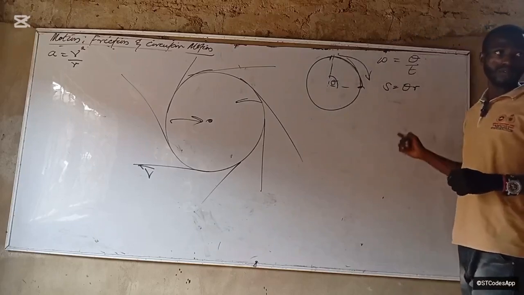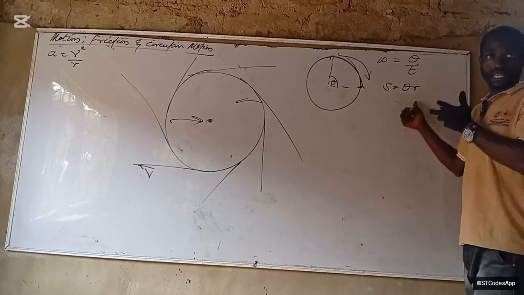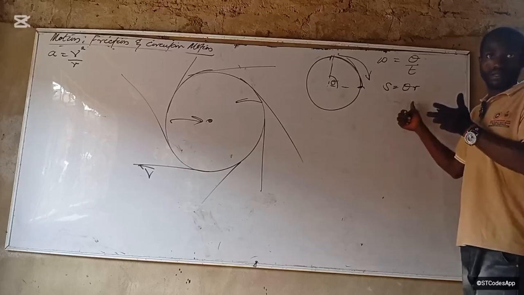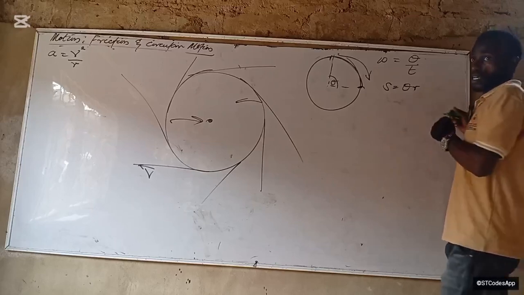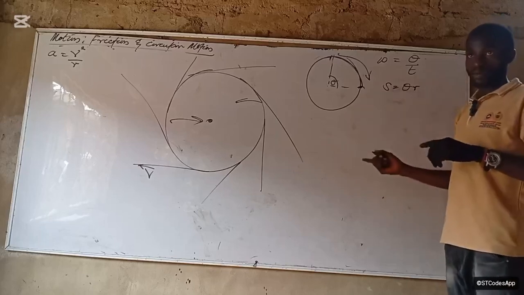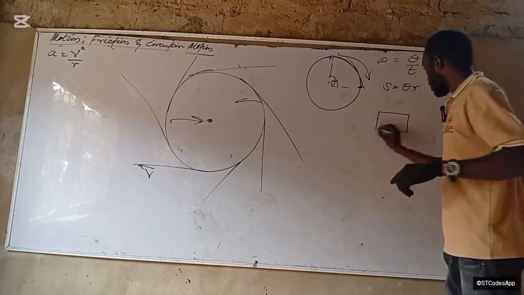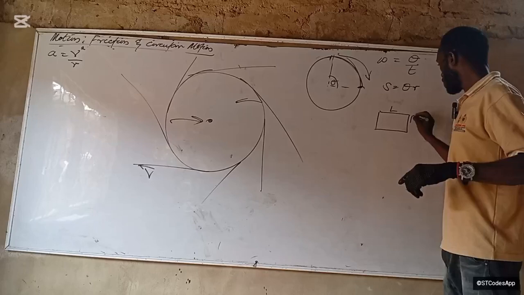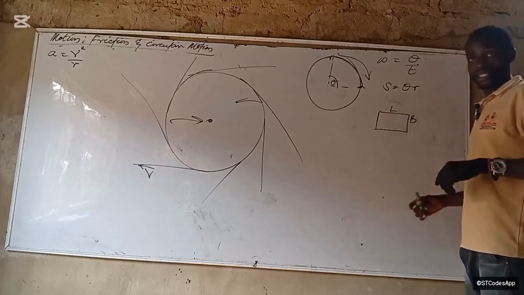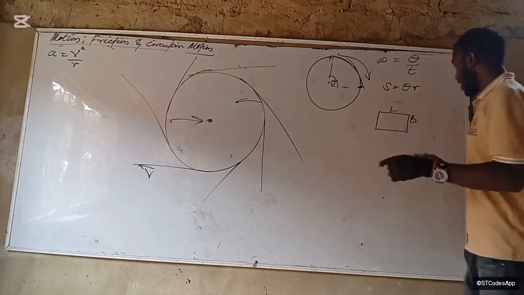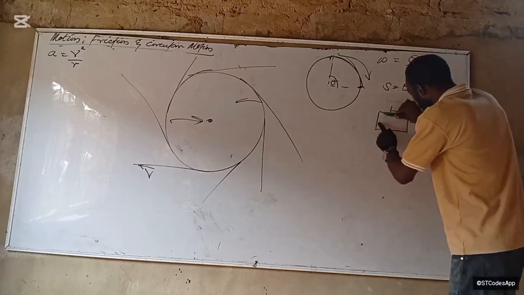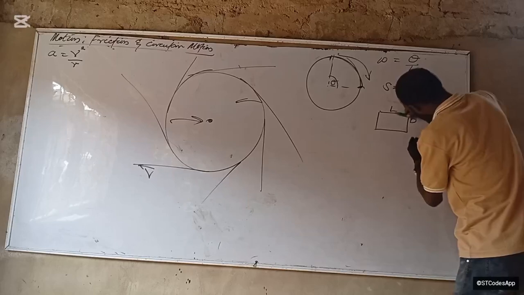You've been given this in maths before. You don't understand this? See, if I call this length and I call this breadth, what will be the area of this thing? The area will just be the length times the whole breadth.